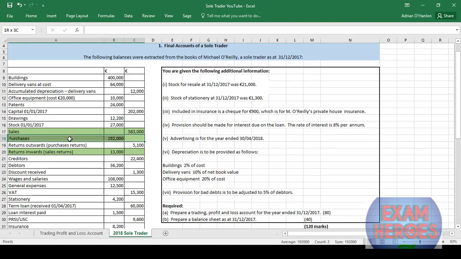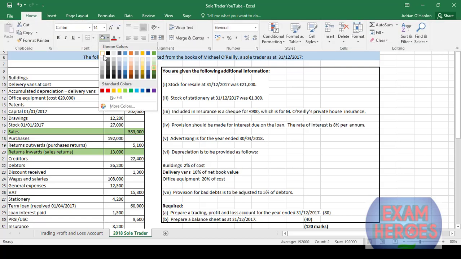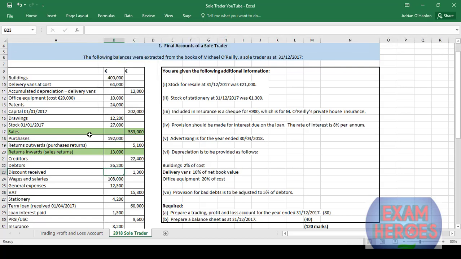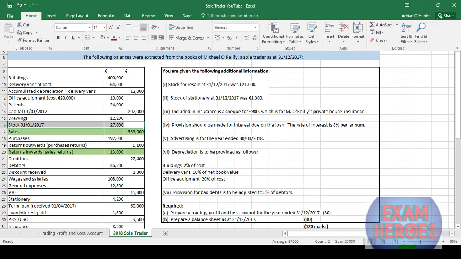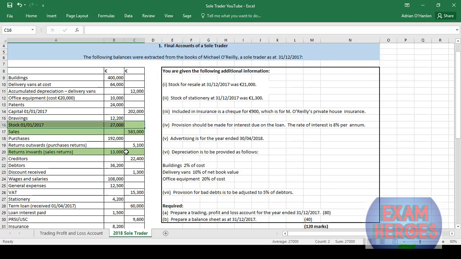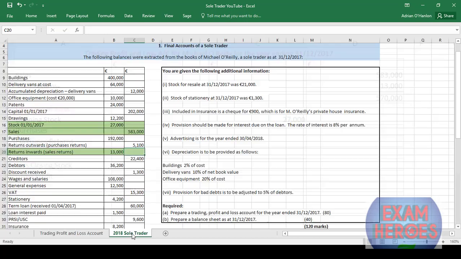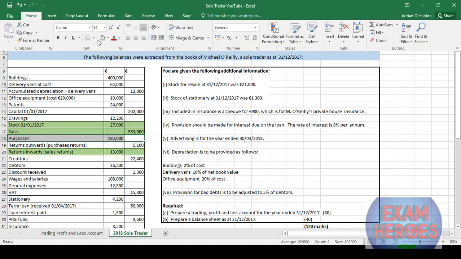We'll actually get our opening stock first, which is 27,000 euros. So our opening stock is 27,000 euros. Okay, and next then we look at our purchases, which is 192,000 euros.